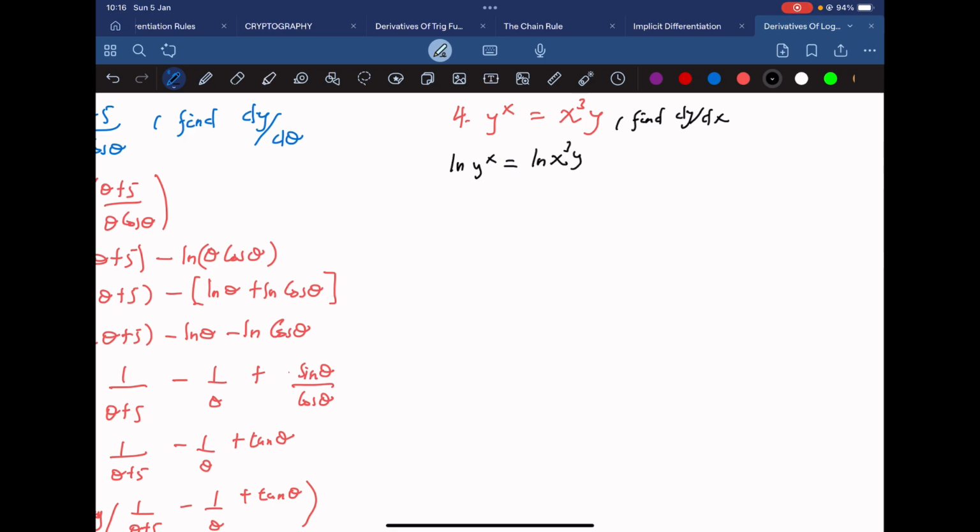Now remember, since we have an exponent of x, it comes down. And on the right hand side, since we have two terms multiplying, we can separate them by adding. And we do the same thing. Since we have an exponent, it comes down.